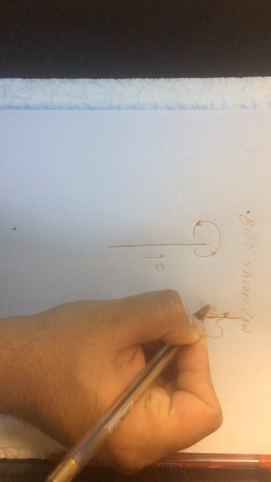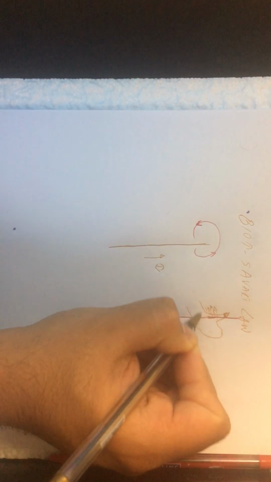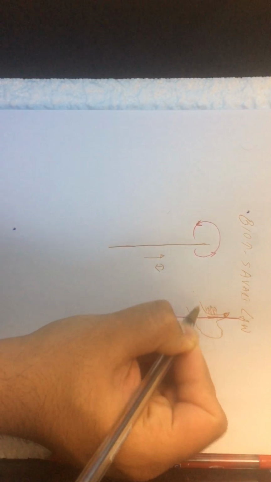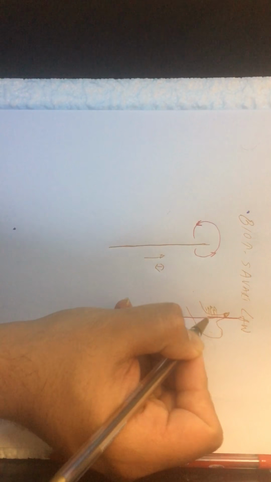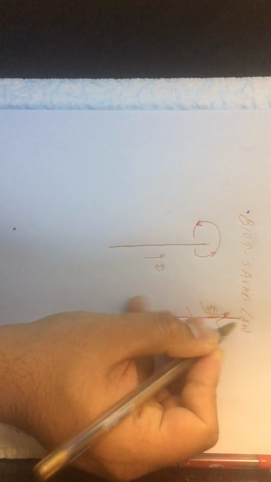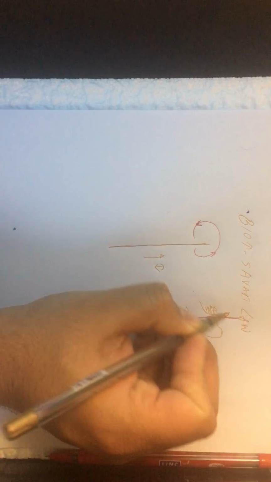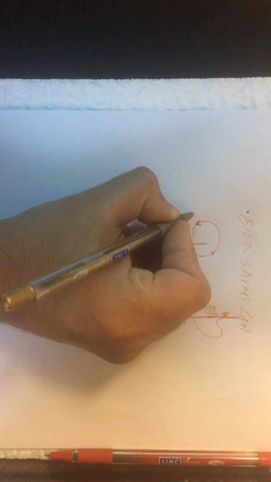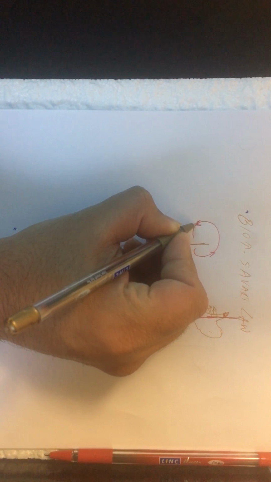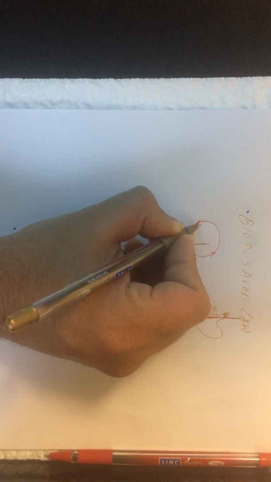So it is circular around the electrical wire. This magnetic field is rotating in a circular way, forming concentric circles with the connecting wire as the center, surrounded by magnetic field.